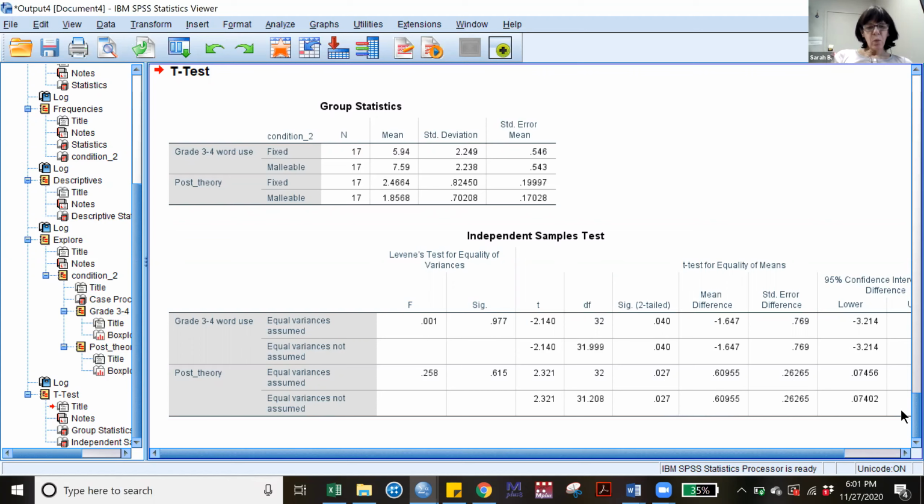Okay, so we're going to do one more thing, which you may have been wondering about: what happened to the pretest? Why didn't we do anything with the pretest? Well, what we're going to do, the thing that we have covered thus far in class, is to do pre minus post.